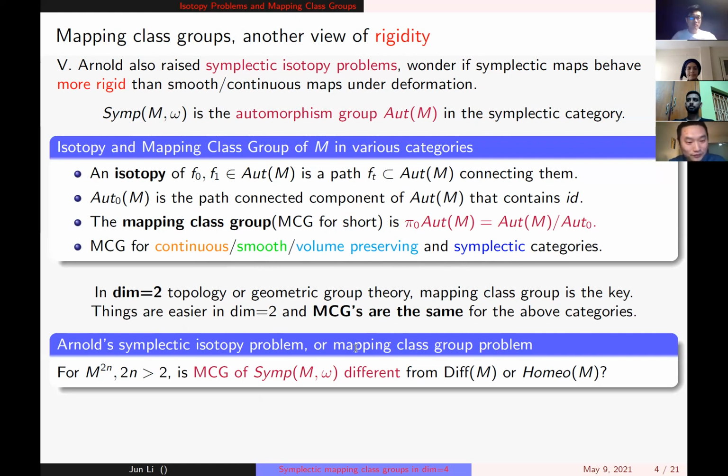So Arnold in particular is interested in the symplectic world in higher dimension, dimension greater than 2. So he wonders if this symplectic mapping class group is different from the smooth or homeomorphic, well, topological mapping class groups.